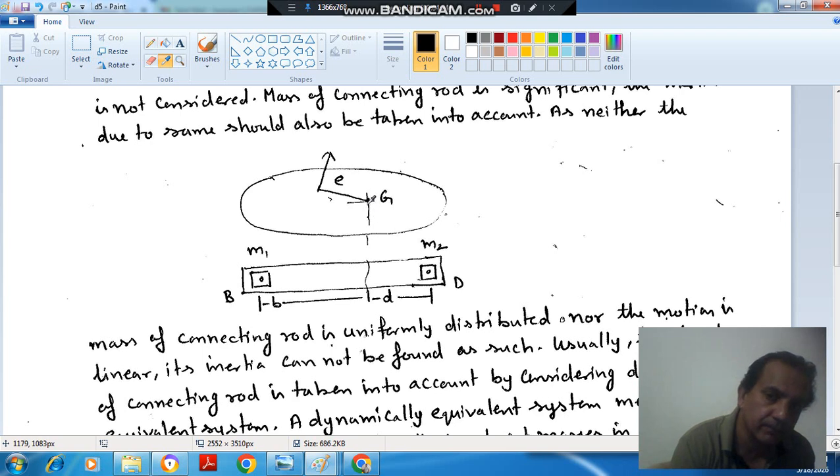So G is here for this, and total mass is m, which is equal to m1 plus m2 for this, and about this G, m1 b should be equal to m2 d. No unbalance. Now if the force is applied, it will produce acceleration in it, and for the same angular acceleration, I of this body, meaning its moment of inertia, should be equal to the moment of inertia of the other body.